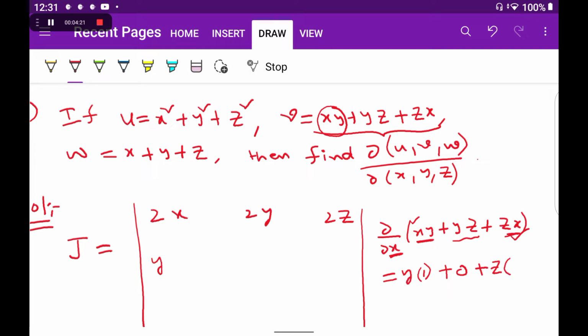Derivative of x with respect to x is 1. So this is y plus z. Similarly, dou v by dou y becomes x plus z. Dou v by dou z becomes y plus x.